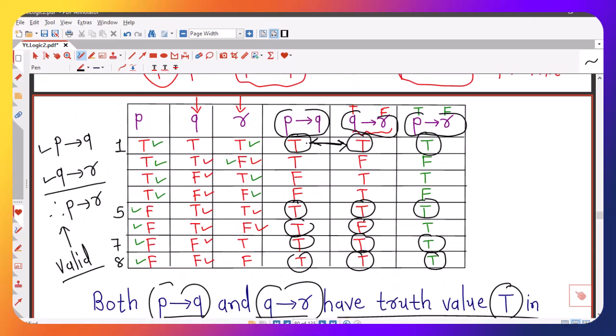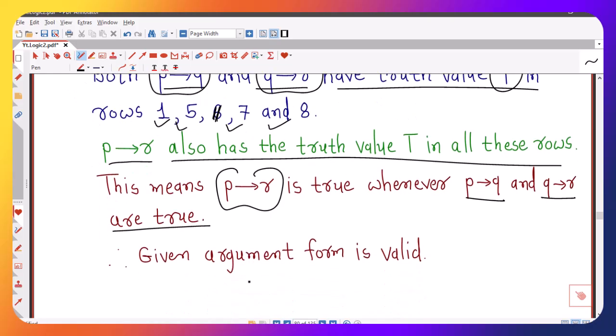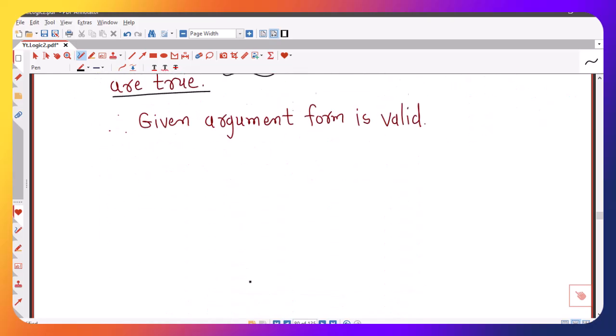In first row these two are having truth value true and P implies R is also true, and same thing for row number 5, 7 and 8. So this means P implies R is true whenever P implies Q and Q implies R both are true, and therefore given argument form is valid.